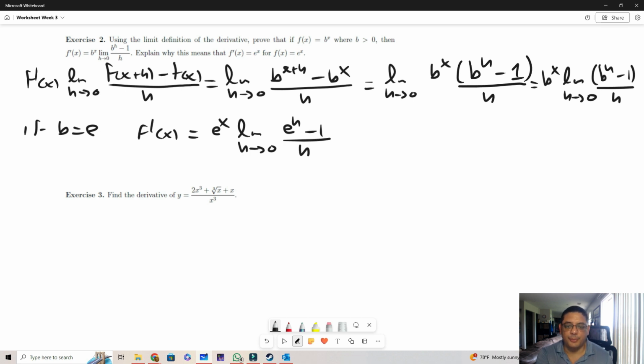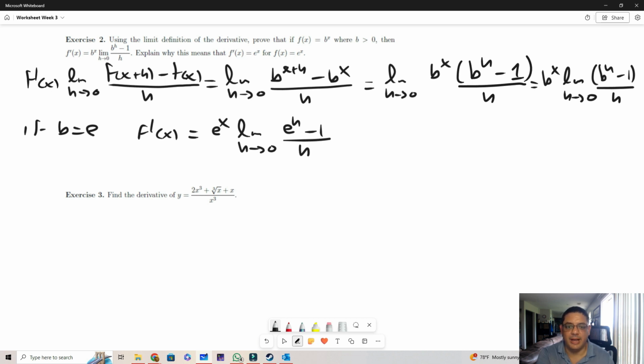And there are multiple ways that you can go about doing this, but this is essentially a 0 over 0 situation. Notice that e to the 0 is 1, 1 minus 1 is 0, and in the bottom we also have 0. Okay?